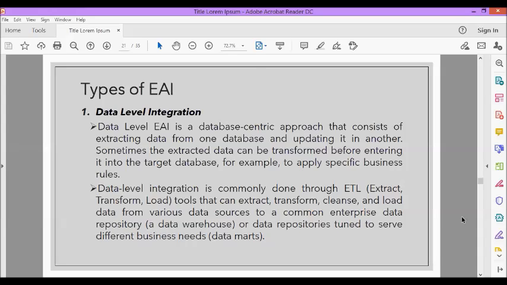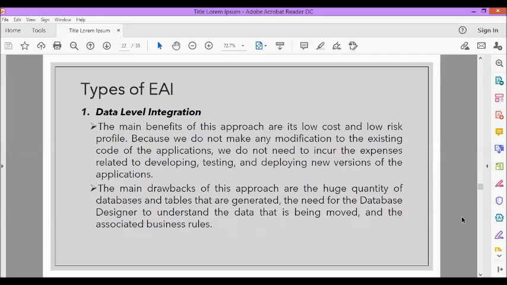Data level integration is commonly done through ETL, or extract, transform, load tools, that can extract, transform, cleanse, and load data from various data sources to a common enterprise data repository or a data warehouse, or data repositories tuned to serve different business needs, or data marts.